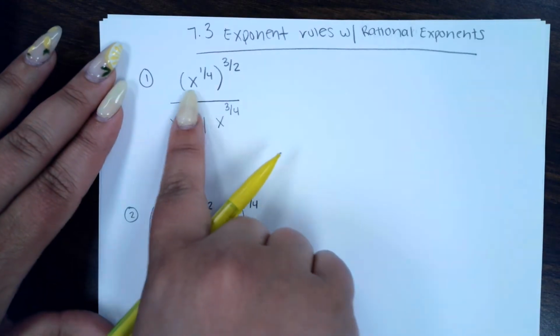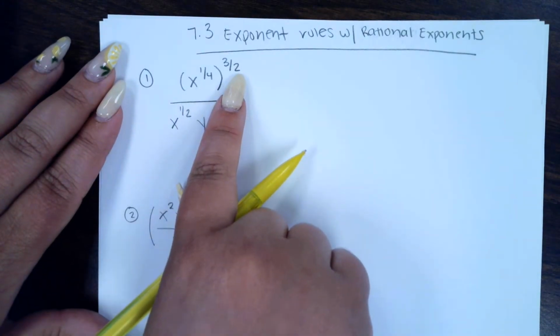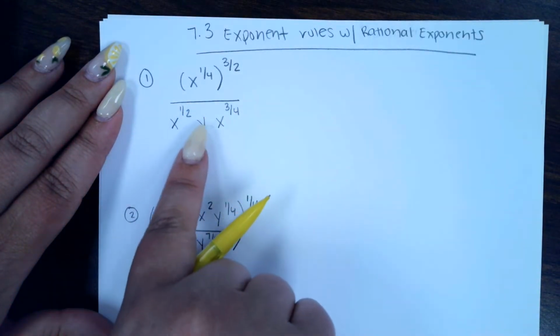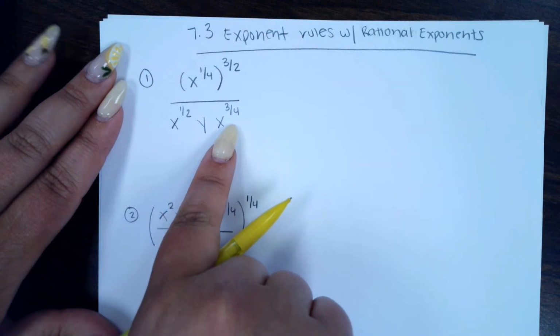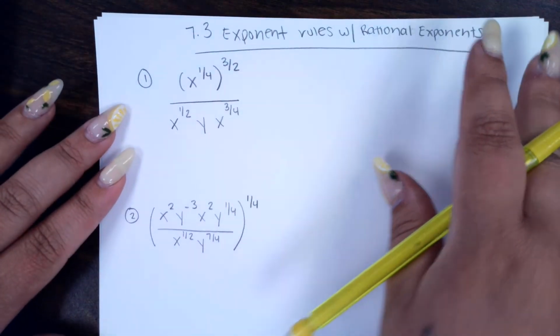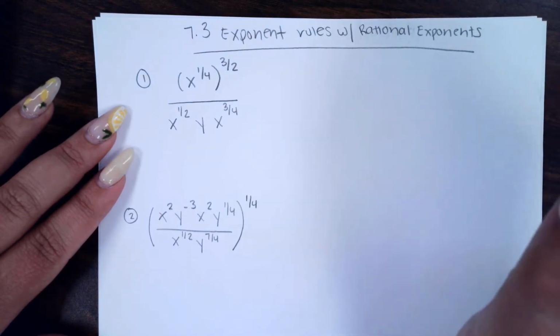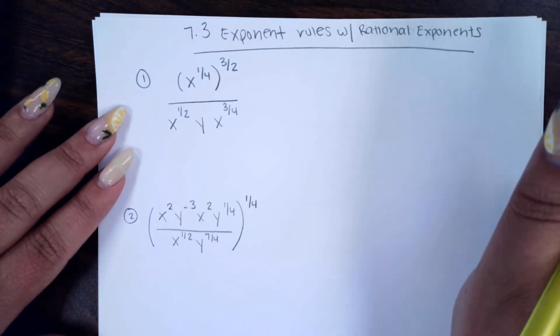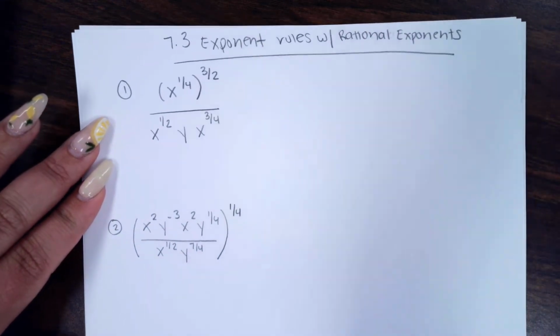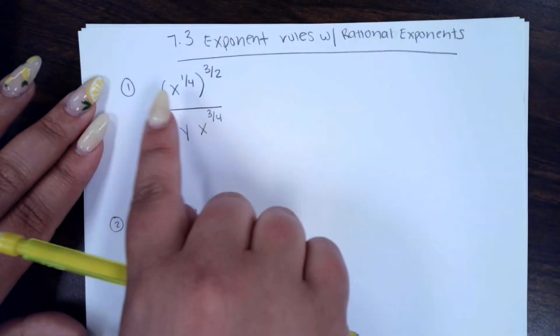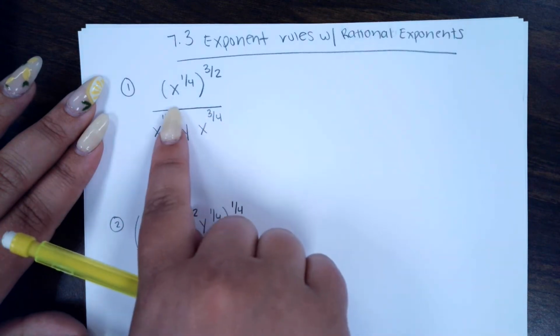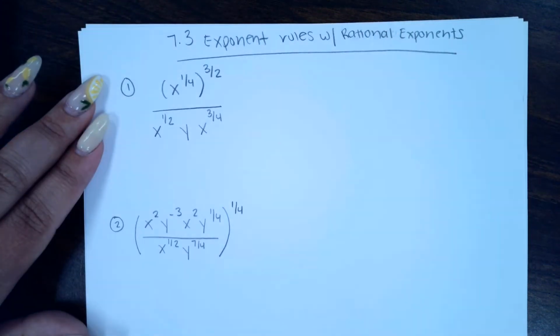So I have x to the 1/4 to the 3/2 over x to the half, y, x to the 3/4. All the same rules apply. We just have to add, multiply, subtract fractions instead. And we have our calculator. So if you're not confident multiplying fractions or adding fractions, just type in your calculator.